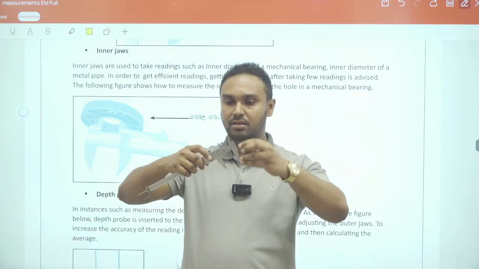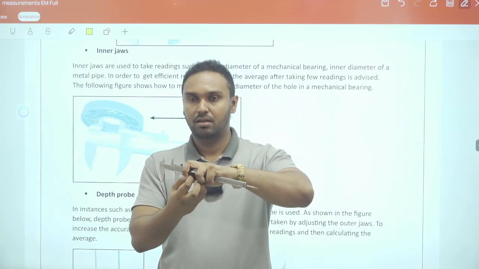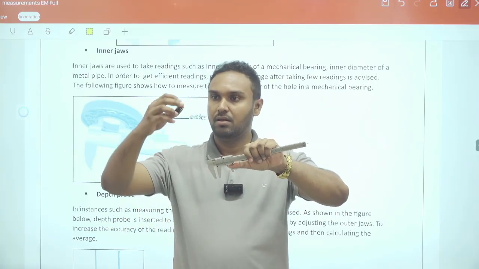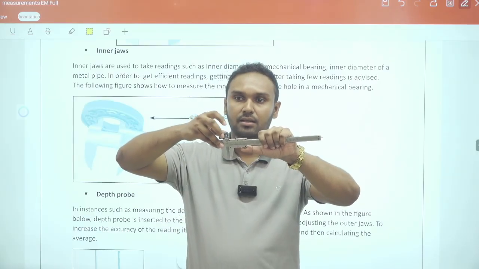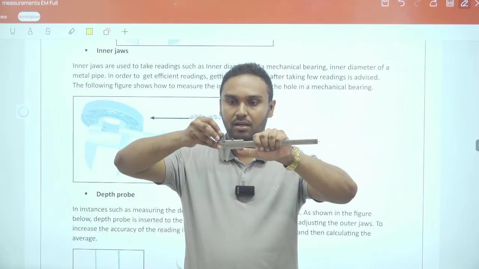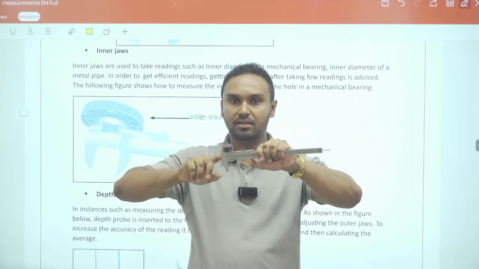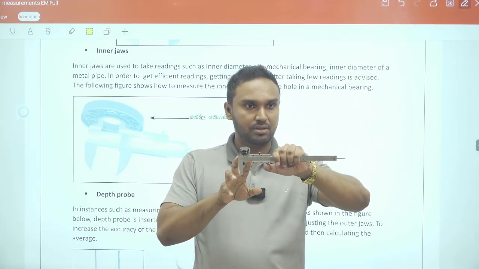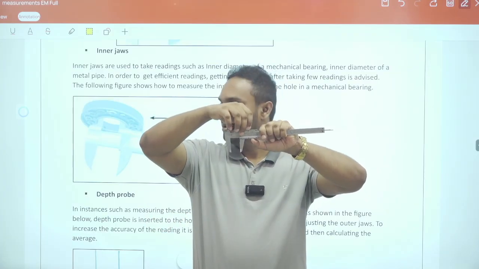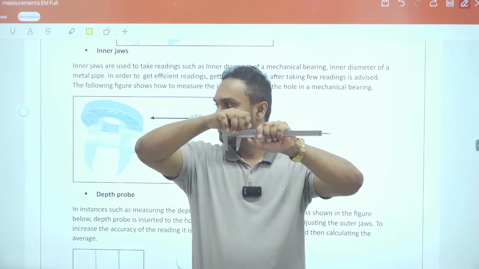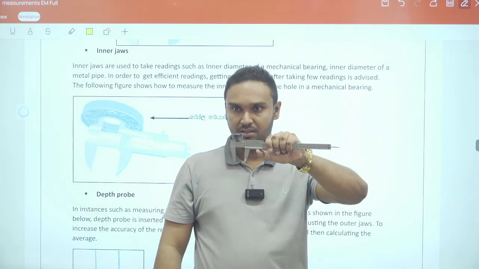What you do is put the two inner jaws inside the cap, and you scroll it back so the cap gets stuck in the inner jaws. And then you lock the screw, then you take the measurement.